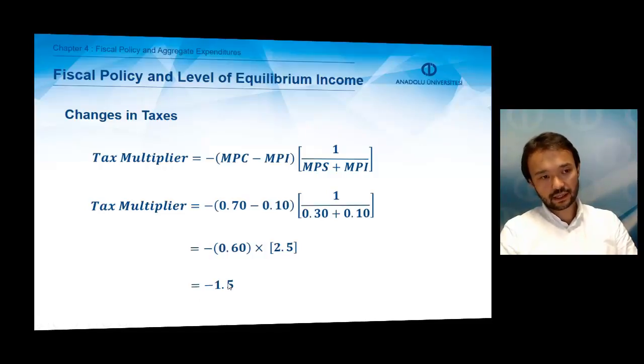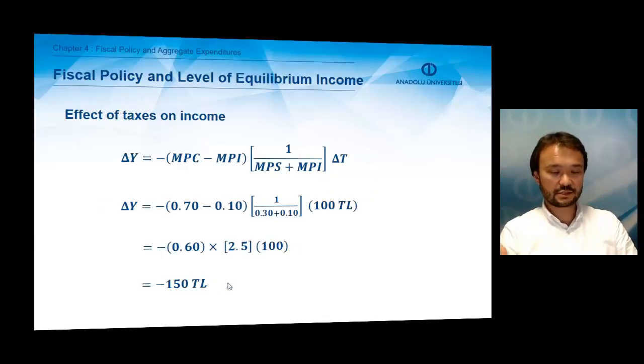When there is an increase in taxes, there is a decrease in the disposable income. This also means a decrease in consumption expenditures, and because of that a decrease in the aggregate expenditures, and so a decrease in production and income. This example shows that when there is an increase of 100 Turkish lira in taxes, the effect will be a decrease in income of 150 Turkish lira.